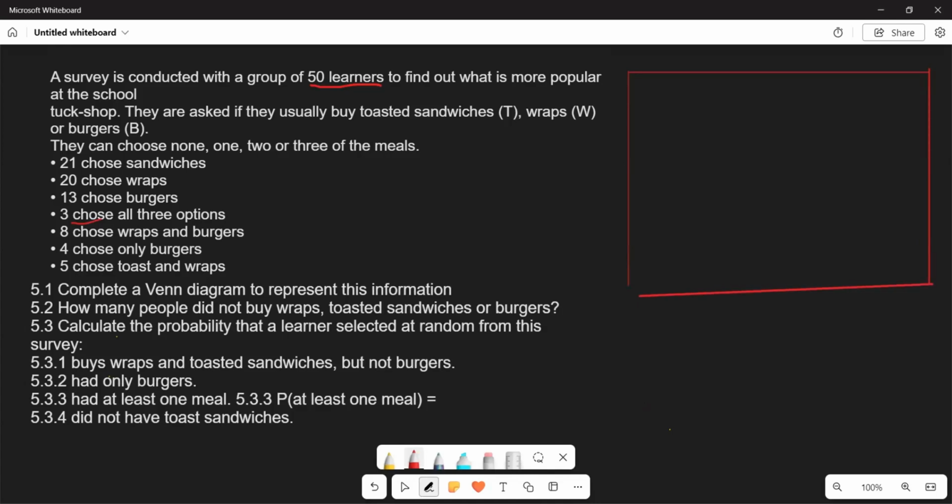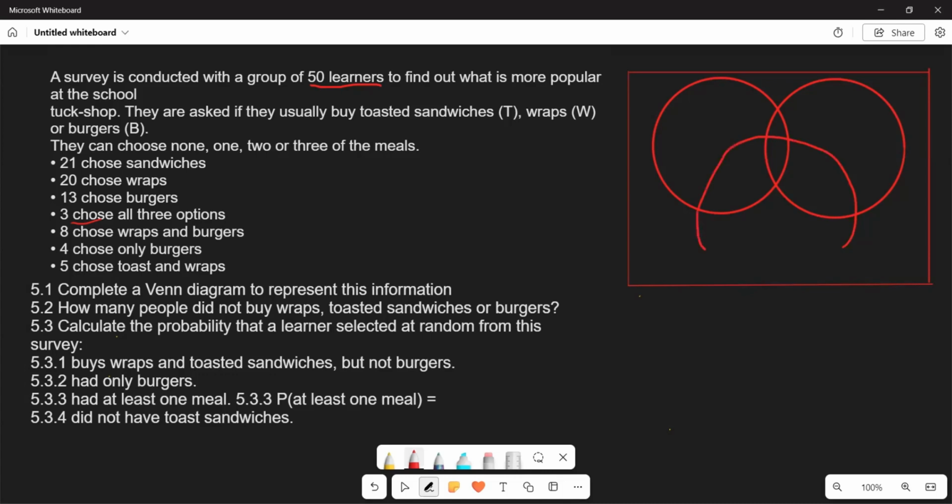This is the first event, this is the other event, then this is the other event, right?